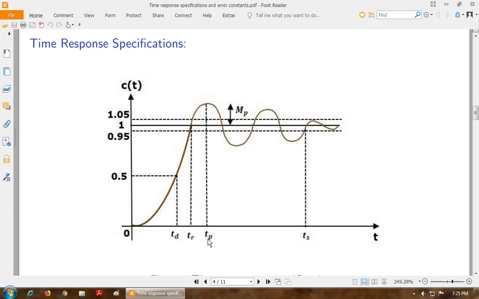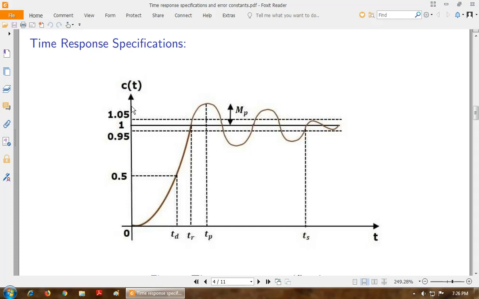This TP, this P stands for peak time. MP is known as the peak overshoot, and one more parameter is called the settling time. This S stands for settling time here.